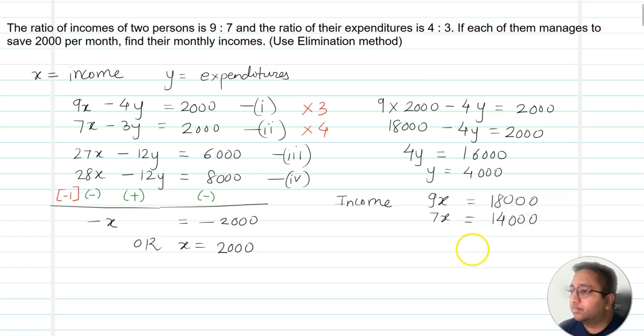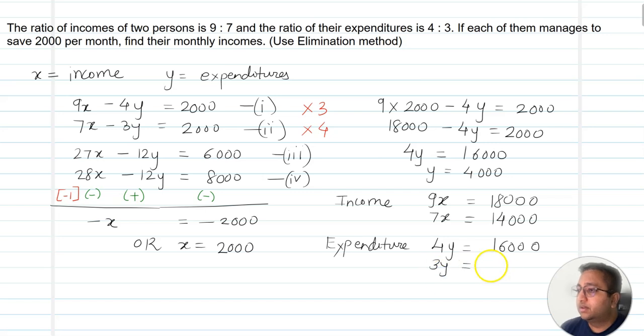So this is the income of both the people. If you look at the expenditure, that is 4y for the first person, 4 into 4,000, which is 16,000, and for the second person it is 3 into y.